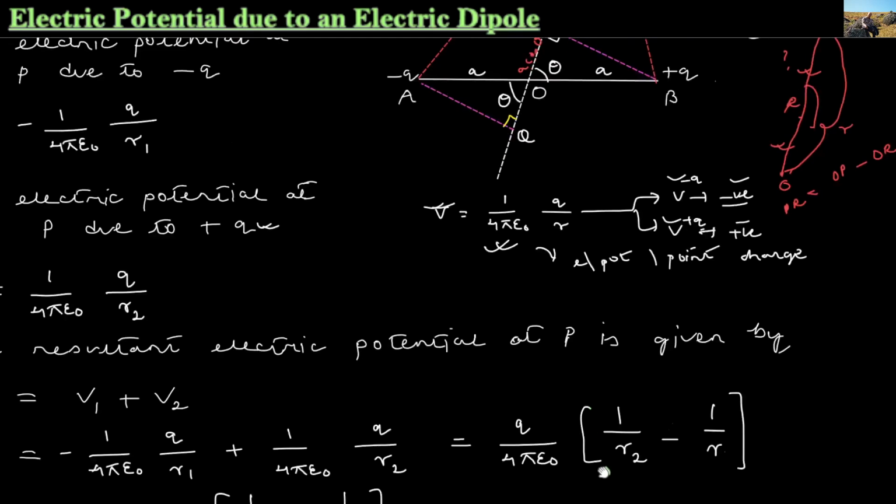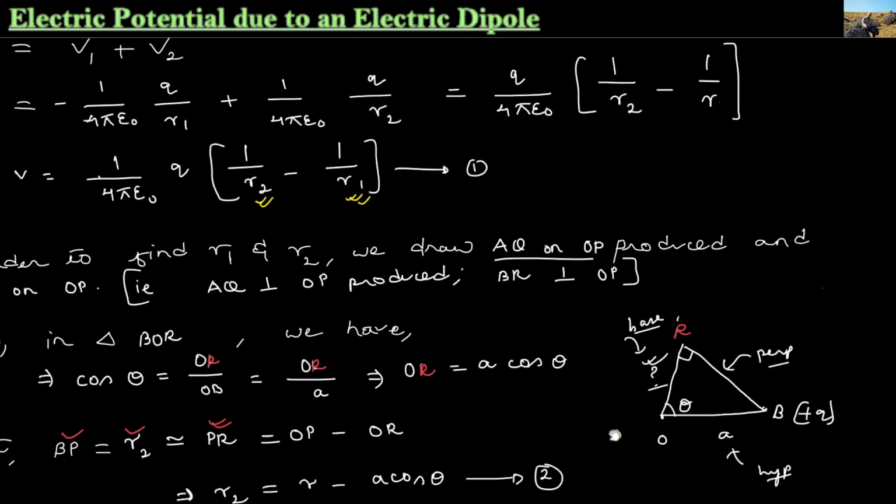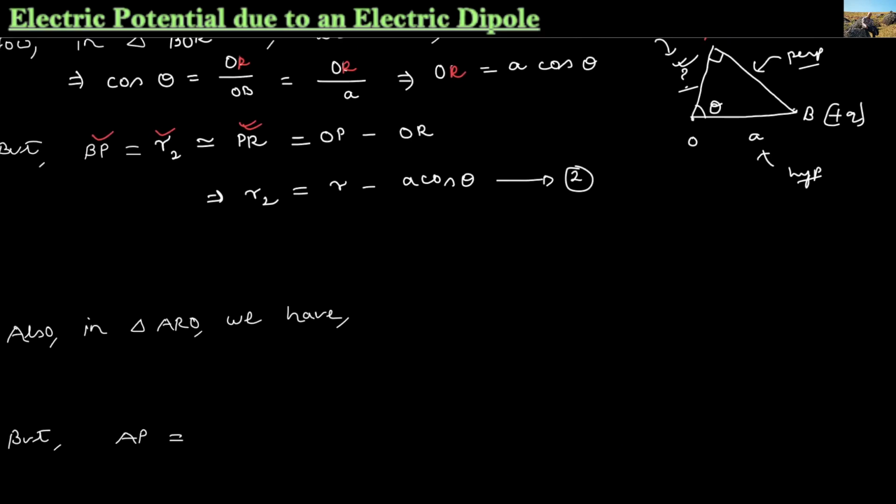If we draw this triangle EQO, how does that triangle look like? We have this point A where the minor charge is located.